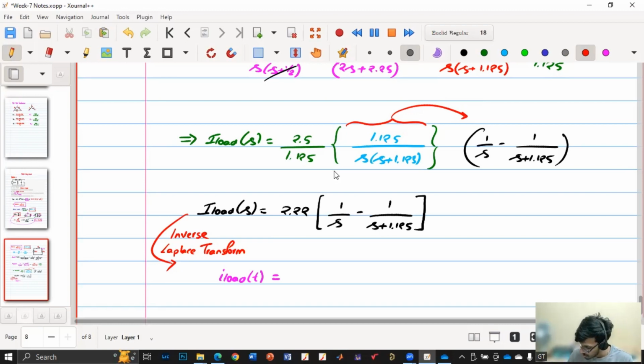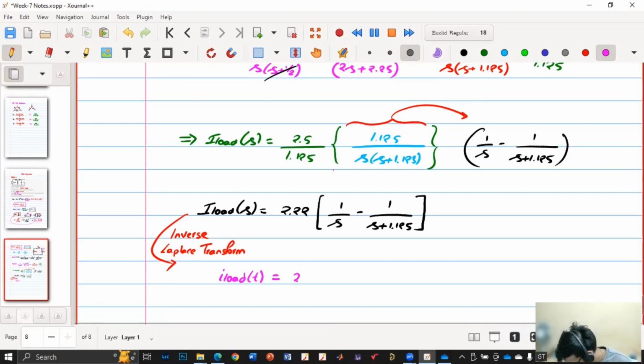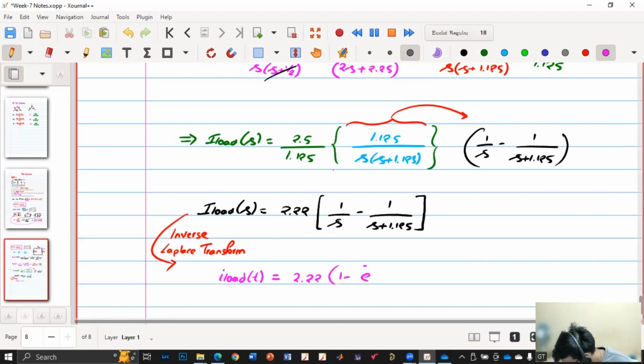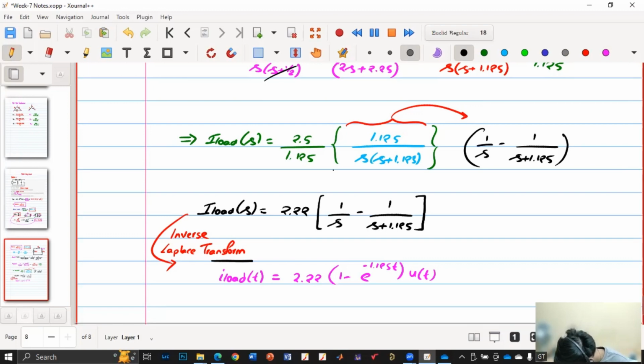Convert this into t domain. 1 by S is 1, 1 by S plus a is e to the power minus at. So this is 2.22 into 1 minus e to the power minus 1.125t, everything into u of t.